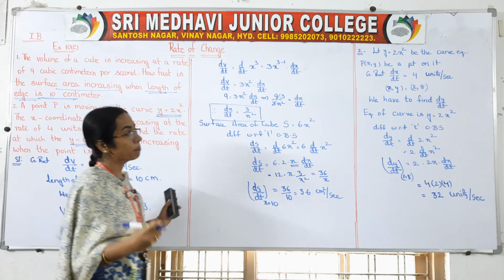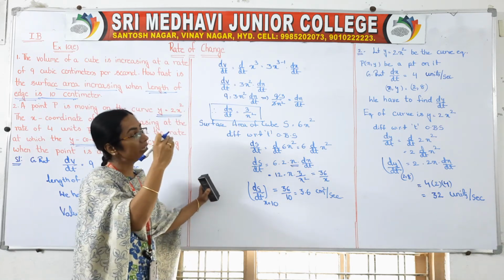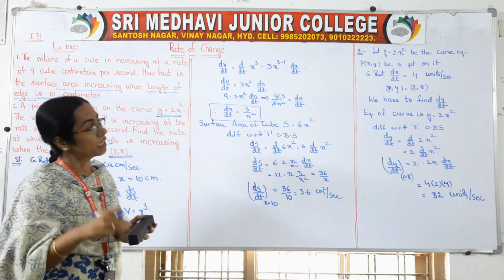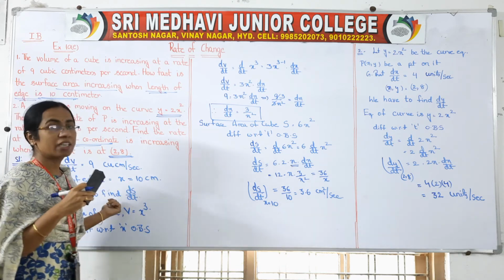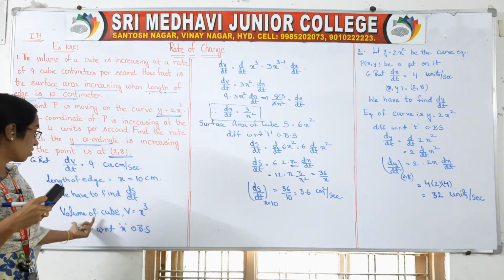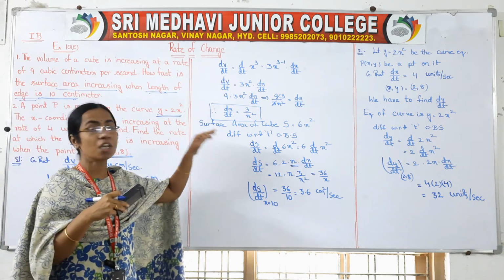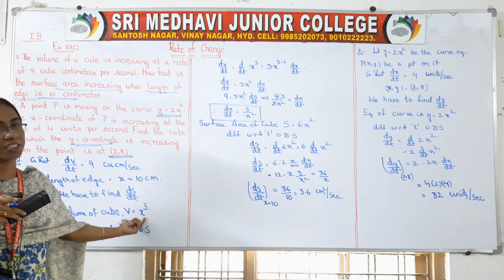So very simple. First you take dx by dt. The increase in x coordinate is dx by dt. Then you take the curve equation. It is given in the question. In the previous question we should know the volume of the cube formula, surface area of the cube formula. If you know the formula, you can take that function equation.